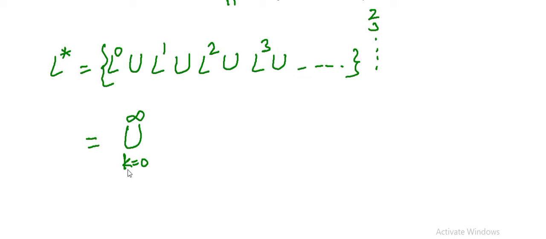So that's why I have written k from 0 to infinite. So k is nothing but your power, and these are your strings. So these strings are raised to power k. It can be written like this, right?